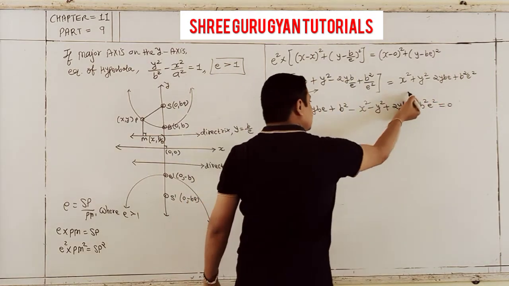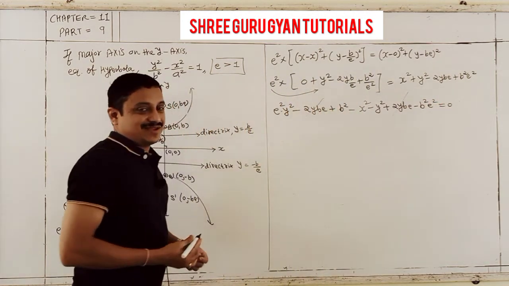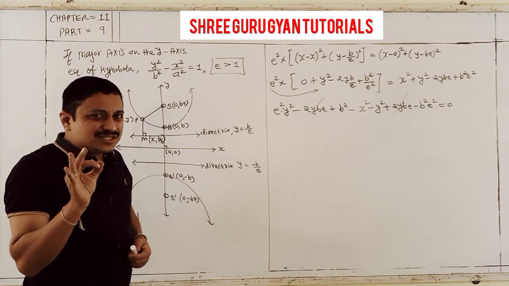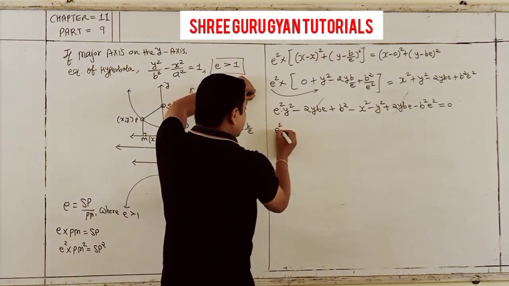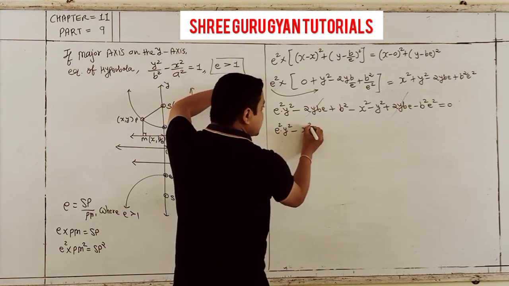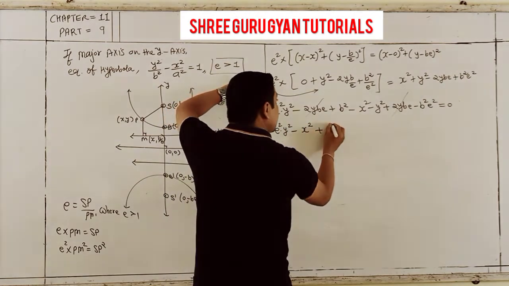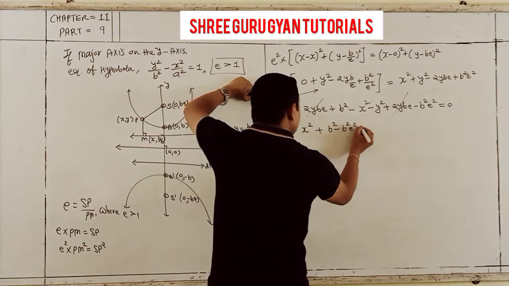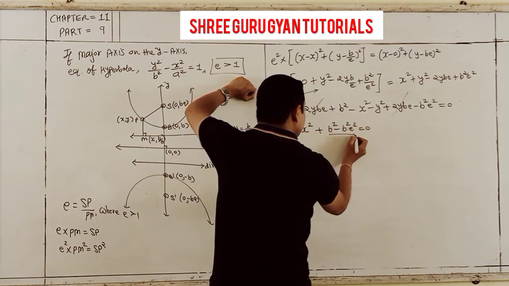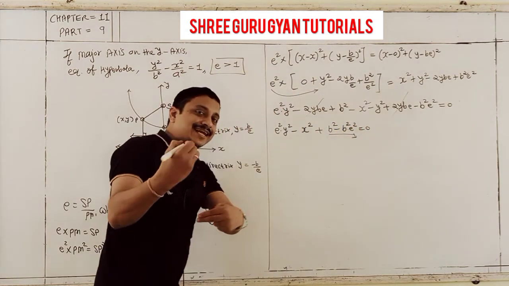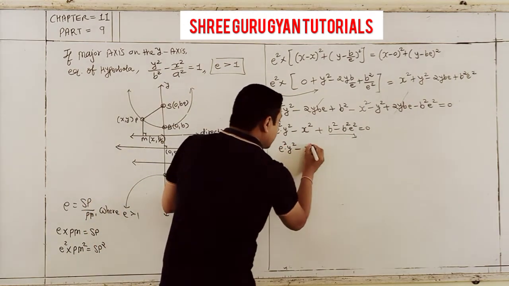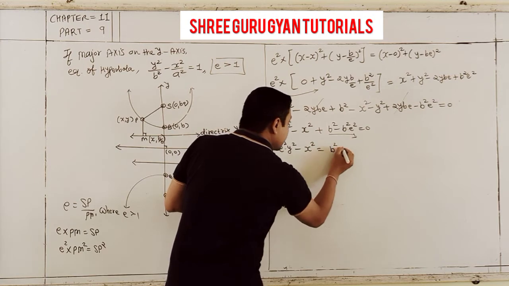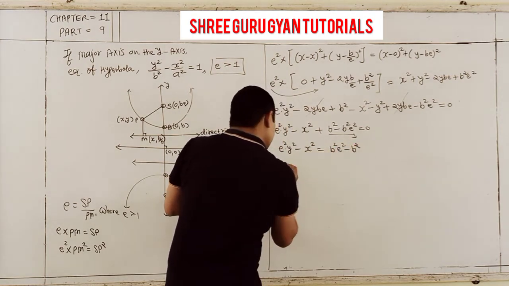Students, this 2yb cancels. Now arrange the y portion first: e square y square minus x square, and the others are the same. But students, listen, these are constants, so shift them to the right side. So e square y square minus x square is equal to b square e square minus b square.